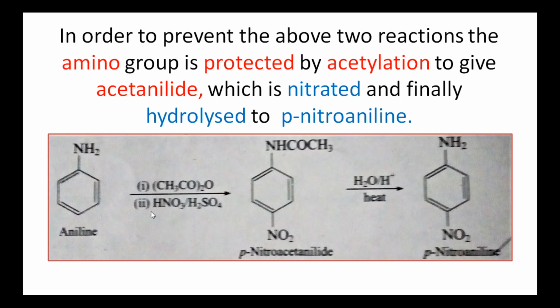After that, on treatment with the nitration mixture, that is concentrated nitric acid and concentrated sulfuric acid mixture, nitration takes place in the para position. So we get para-nitroacetanilide, which on hydrolysis in acid medium is hydrolyzed. The bond between nitrogen and carbon is broken and aniline is formed. So we get the final product para-nitroaniline.